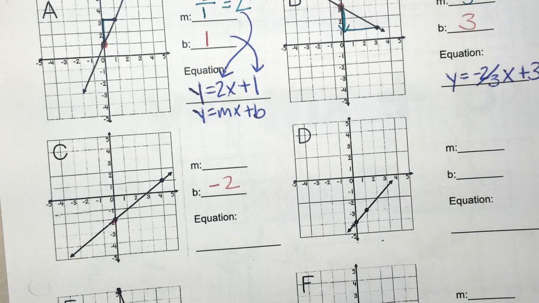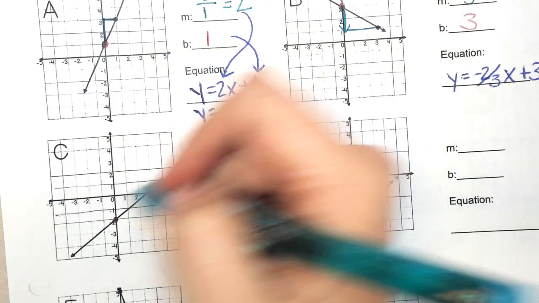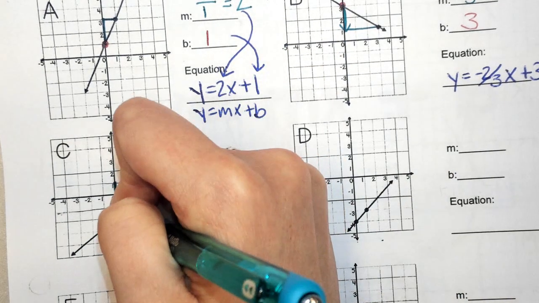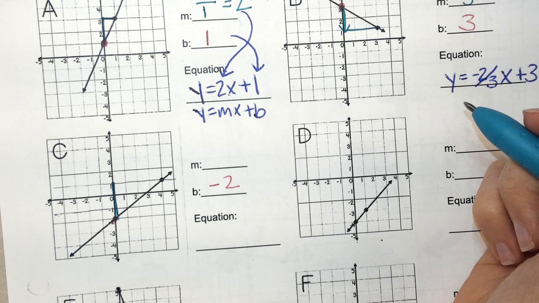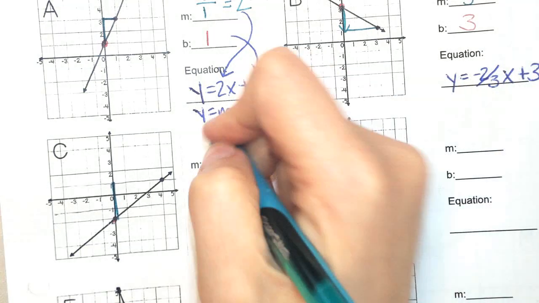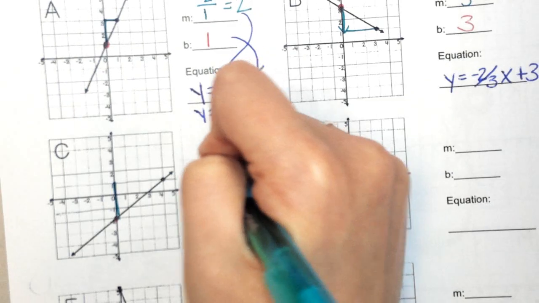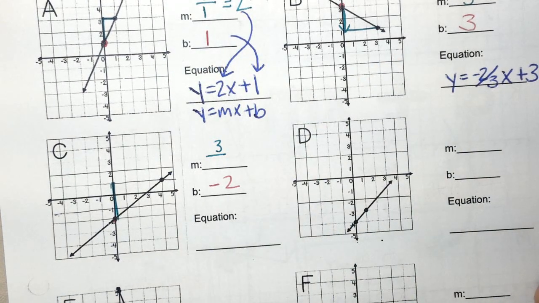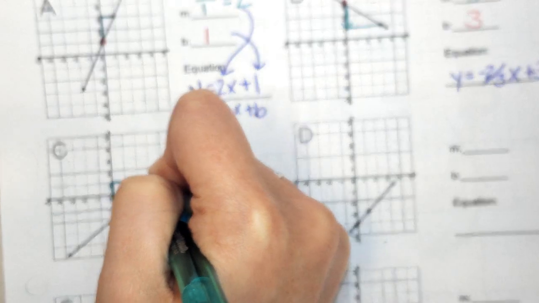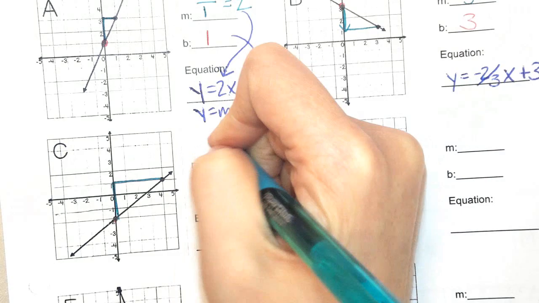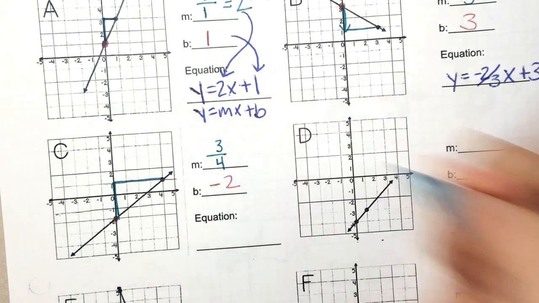Okay? So on this one, what was my rise? Braxton, what was my rise? Positive or negative? Good, positive 3. And let's see, Olivia, what was my run on this? Positive or negative? Very good.